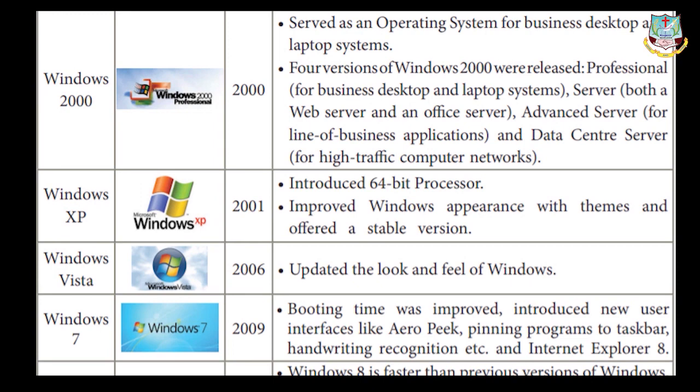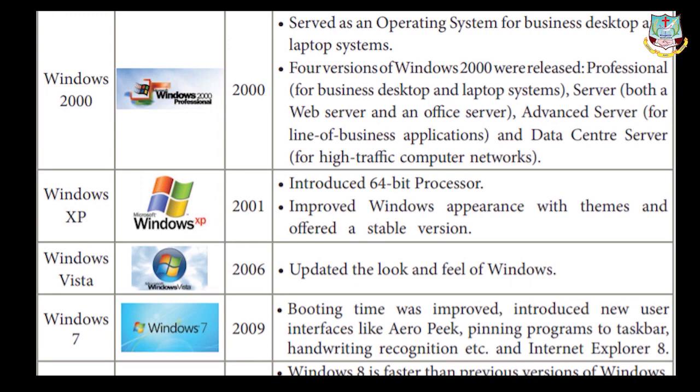That means for a particular type of business, this advanced server can be used. And the other one is data center server. That means if there is high traffic in networks, this data center server can be used, right? So in Windows 2000, 4 versions were released: professional, server, advanced server, data center server.